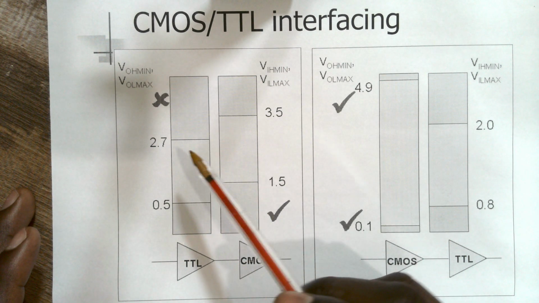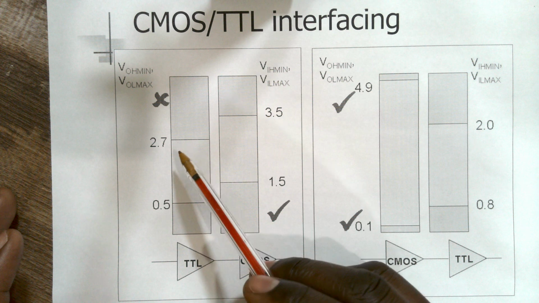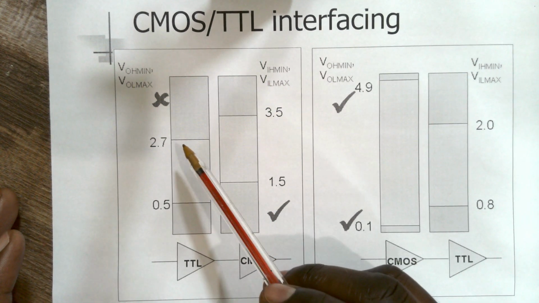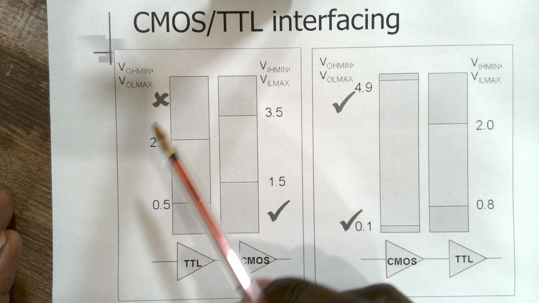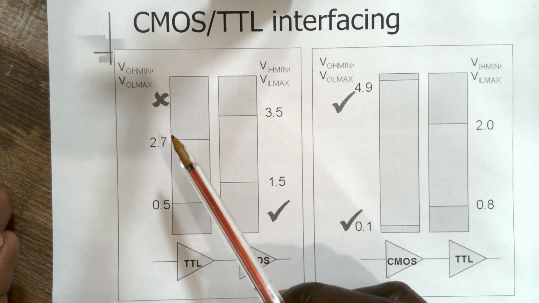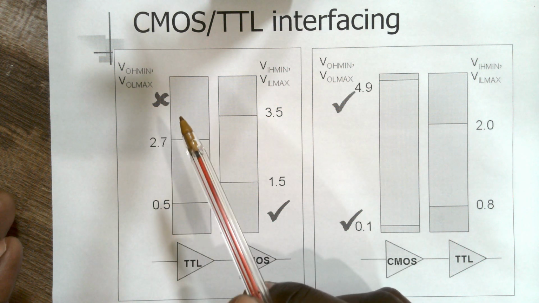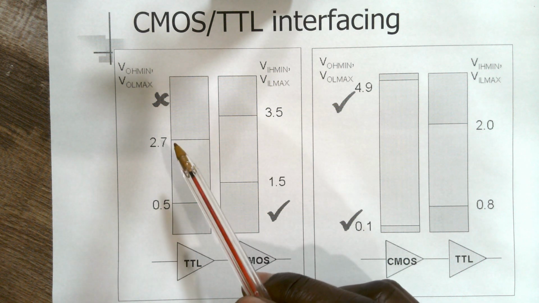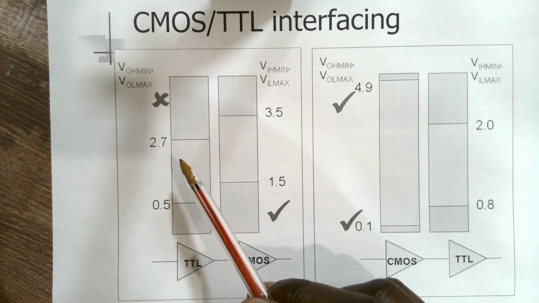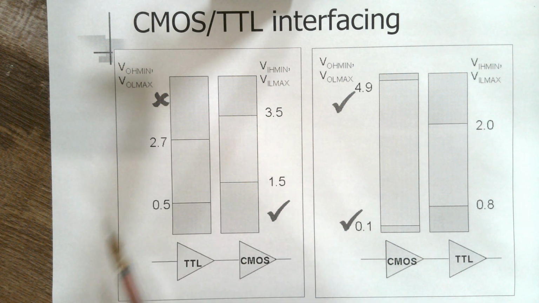So in the case of TTL, we know that an output is going to fall within the range of 2.7 to 5 volts. Our output high, a logic 1, is going to be mapped to a voltage between the level of 2.7 volts to 5 volts.